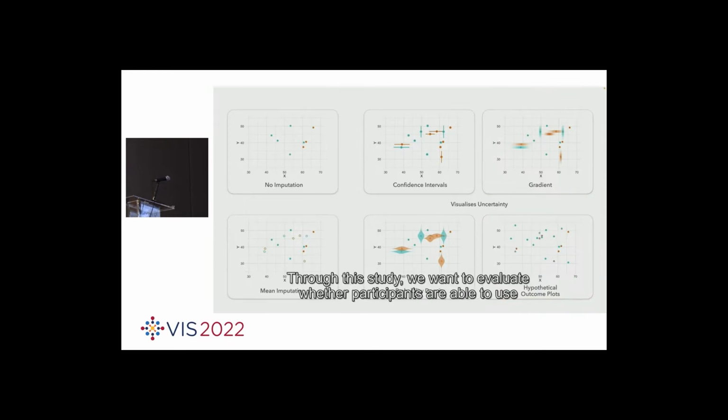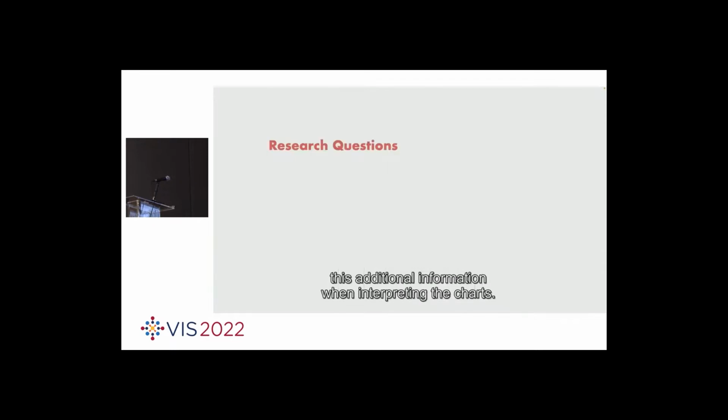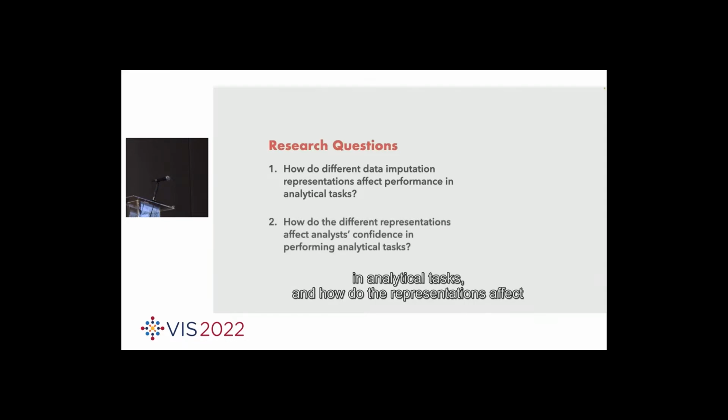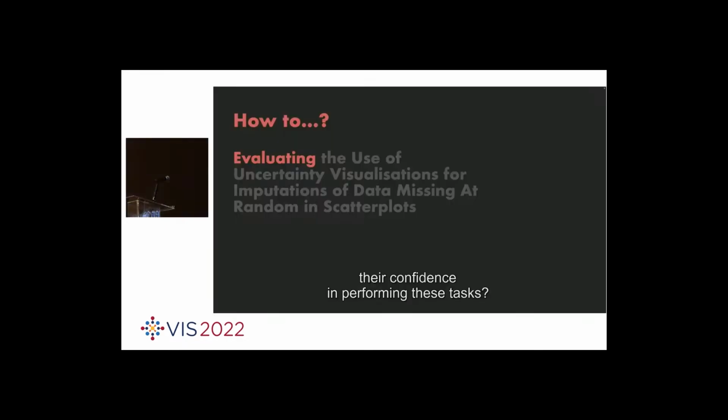Through the study, we want to evaluate whether participants are able to use this additional information when interpreting the charts. So this brings me to our research questions for this study. How do different representations affect analysts' performance in analytical tasks? And how do the representations affect their confidence in performing these tasks? And so finally, how do we evaluate analysts' performance and what do we mean by tasks?